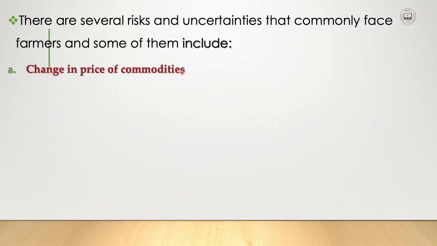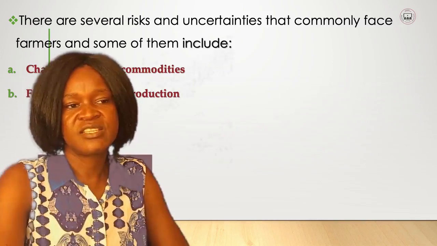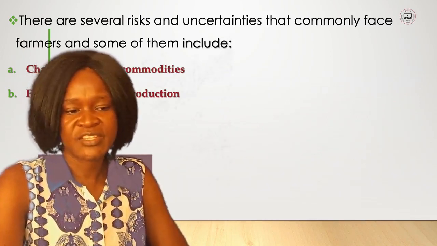You have planned that you are going to sell at so much, but when that time comes, you find that the price at the market is different. Apart from that, failure of physical production. You planned you are going to harvest 100 kgs, but because of the risks and uncertainties, you are harvesting maybe 80 kgs.